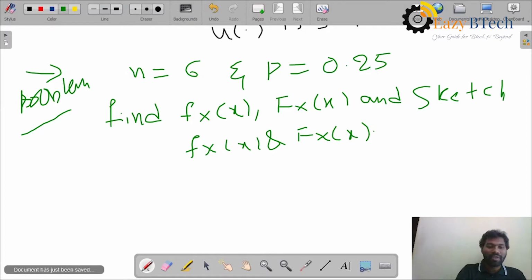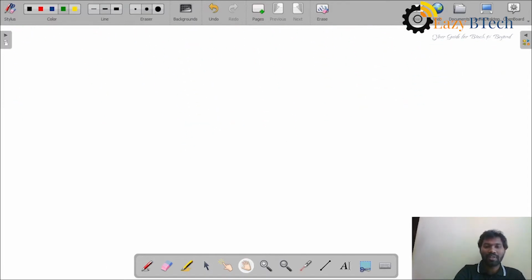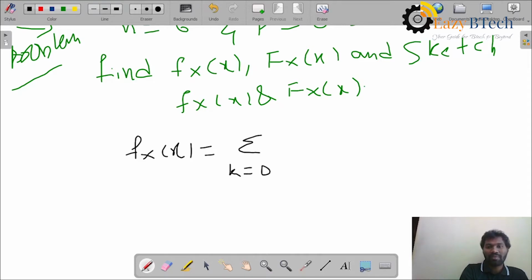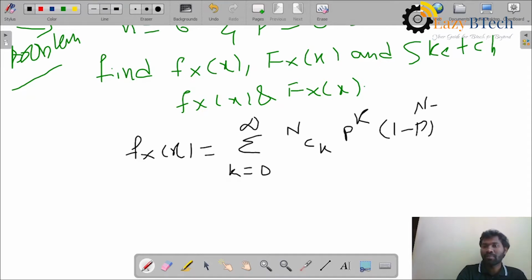Coming to the binomial density function, we already know that fx of x equals the summation k equal to 0 to infinity of nCk p power k, 1 minus p whole power n minus k, delta of x minus k.